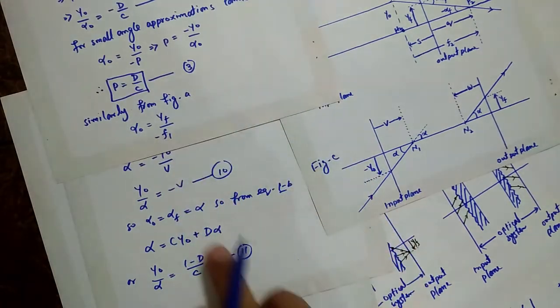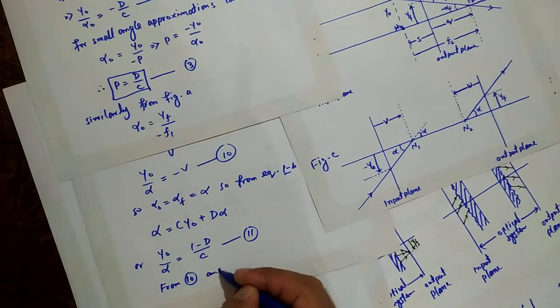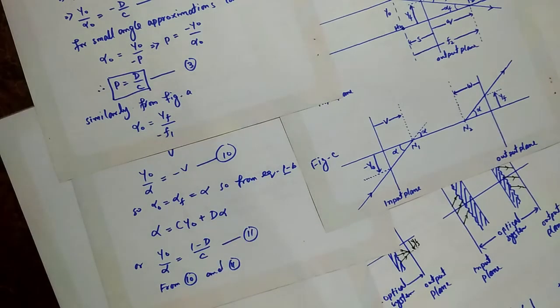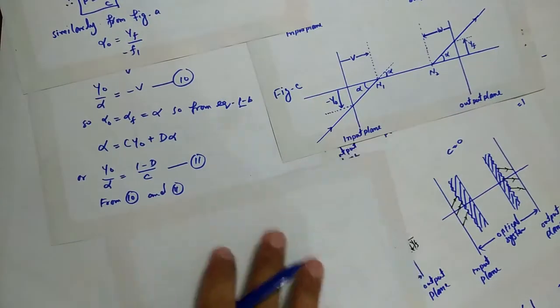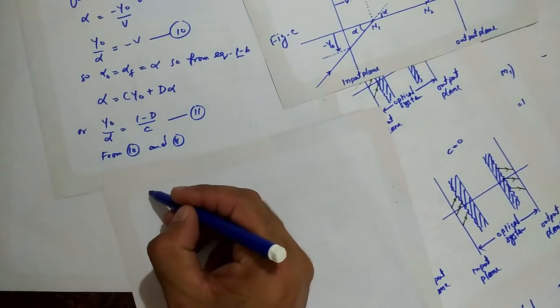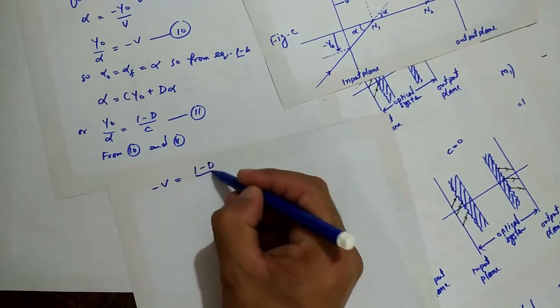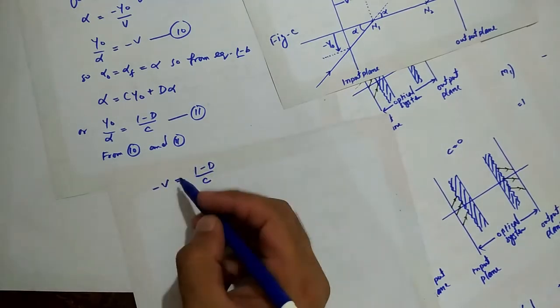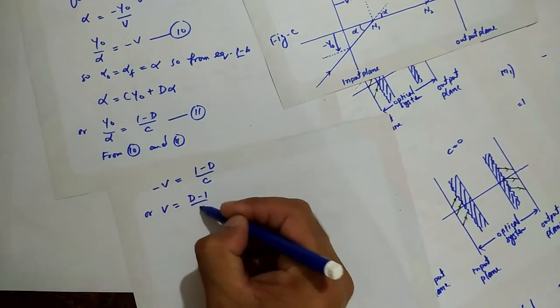So from equation number 10 and 11 we see that minus v is equal to 1 minus d over c, or v will be equal to d minus 1 over c.